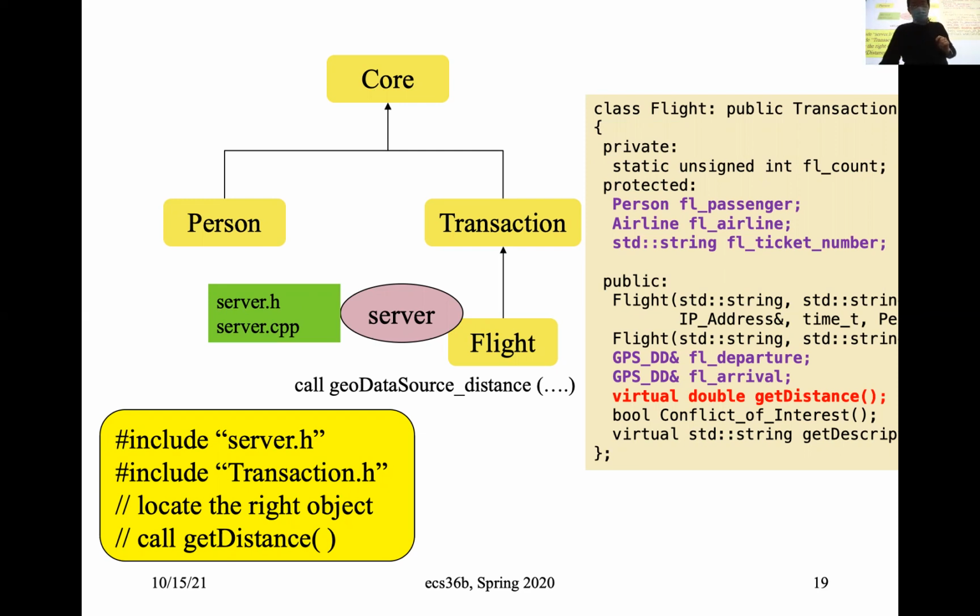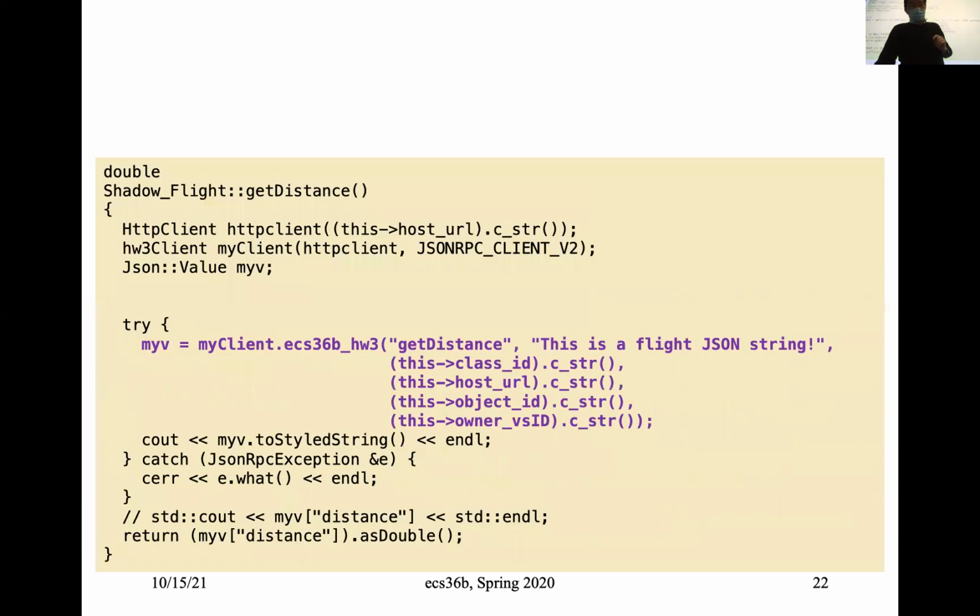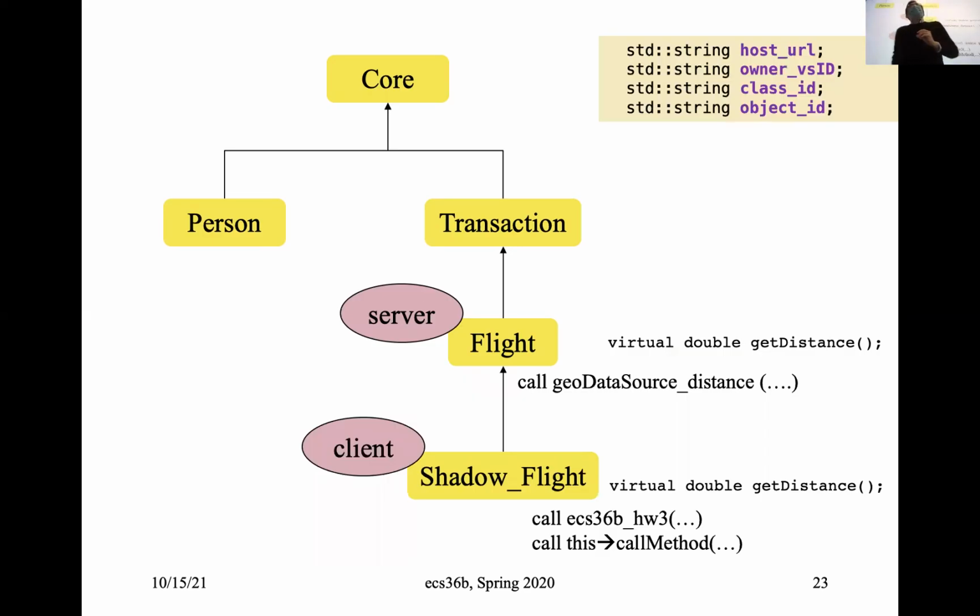And let's see what I did here. I'm going to create another derived class called shadow fly. So it's a shadow object, and I just name it shadow. Now this is my new inheritance hierarchy.